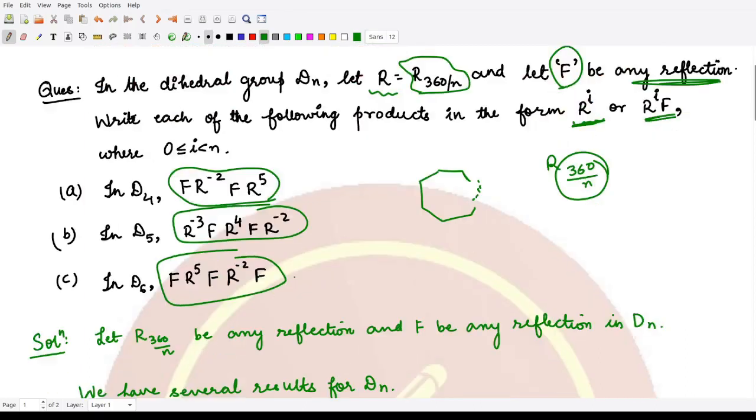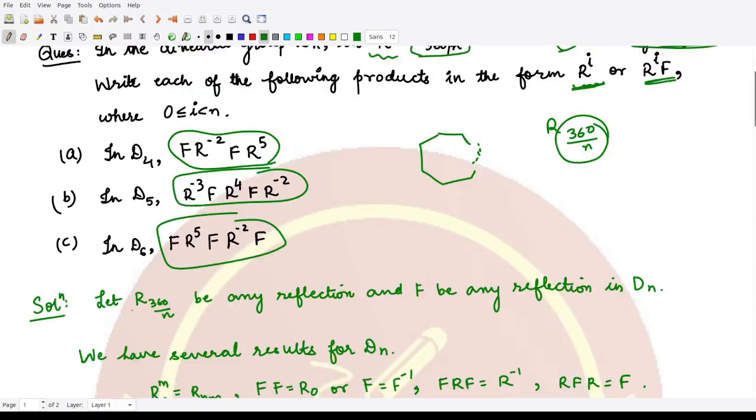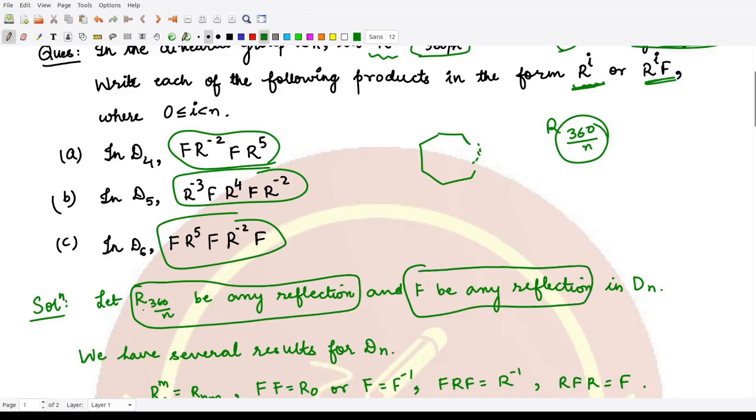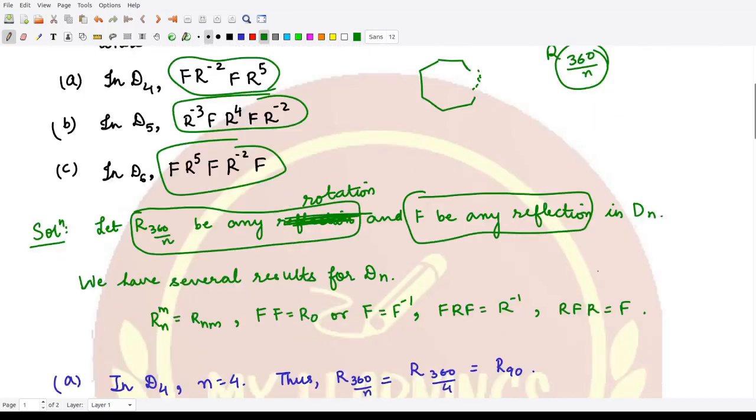Before solving, you should know certain results. We first of all consider that R 360 by n represents rotation, and F represents reflection in Dn. Then we have several results: R F R is equal to F. This result we already know.